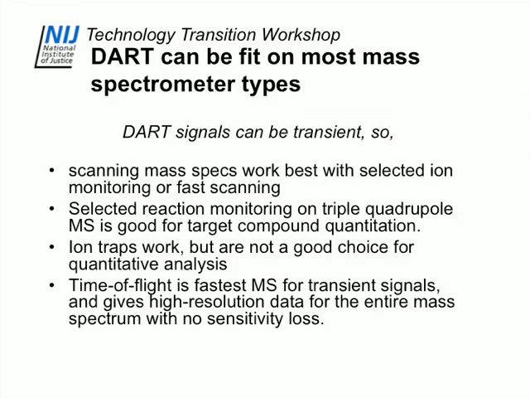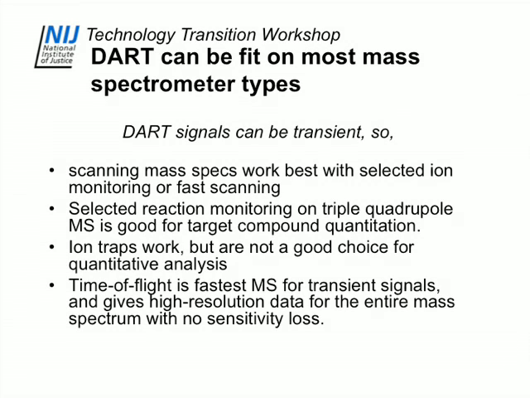We have seen some really nice data from triple quadrupole mass specs for target compound quantitation, where if you decide in advance what you want to look for and you just want to know how much is there, you look at an MS-MS reaction, for example, that's characteristic for that compound, and then just plot out the trace. Ion traps work. You can put a DART on an ion trap. You do get spectra, but they aren't very good for quantitative analysis.